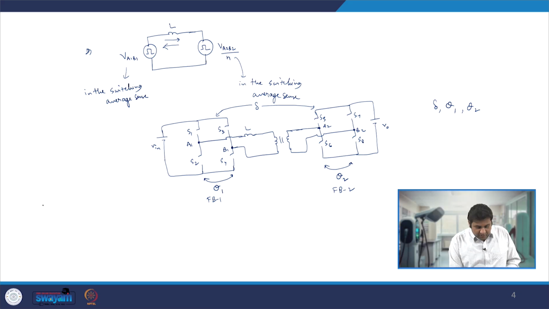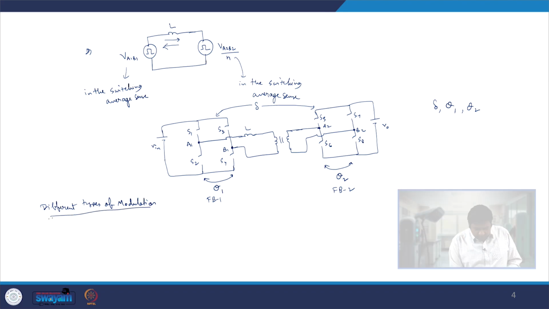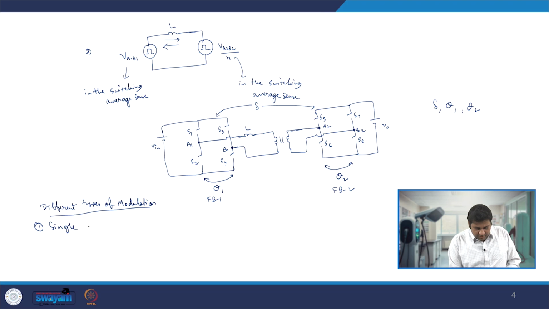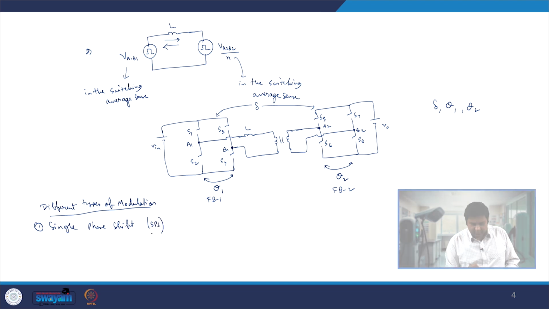So let us define the different types of modulation possible. The first type of modulation we can call single phase shift modulation, also called SPS modulation for short.